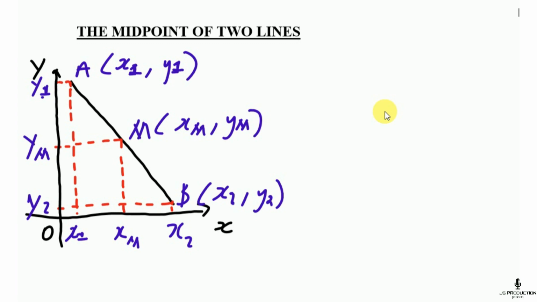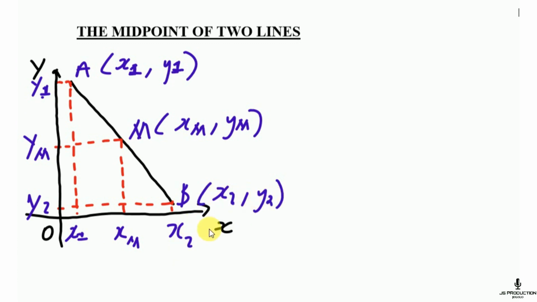And as you can see, I've already drawn my Cartesian plane and have line AB. Point A has the coordinates x1, y1. As you can see, we have our x1 there and our y1 there. Then point B is at coordinates x2, y2.